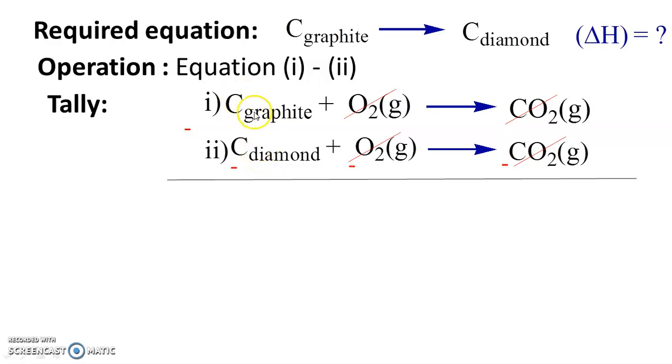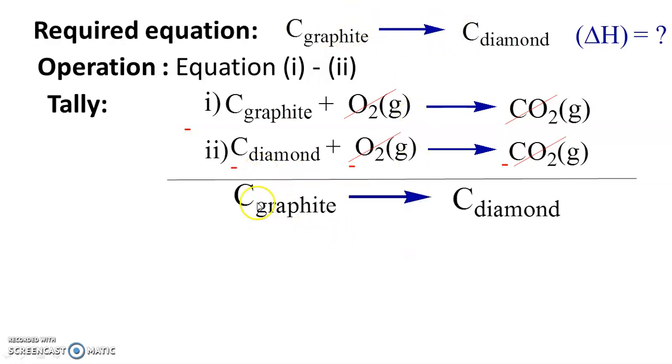So here carbon graphite is to the reactant side, carbon diamond is also to the reactant side, but it has negative sign, and when it goes to product side, its sign will be plus, and therefore we are getting the required equation, that is carbon graphite gives carbon diamond, and therefore this operation is correct, that is equation 1 minus equation 2.